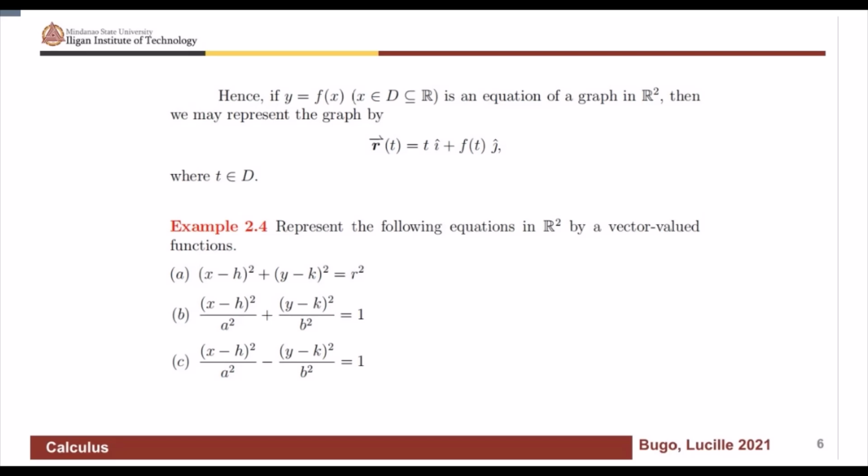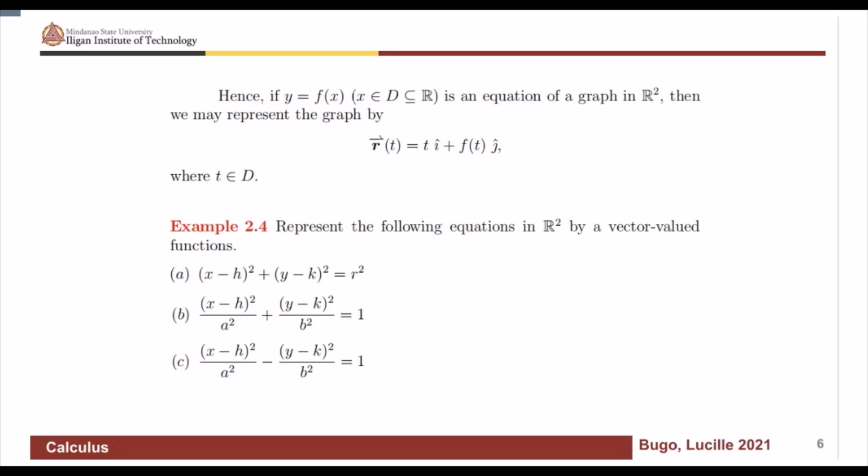So for example, represent the following equations in R squared by a vector valued function. The first one is an equation of a circle of radius r, and it has a center at (h, k). Take note that cosine squared t plus sine squared t is equal to 1.